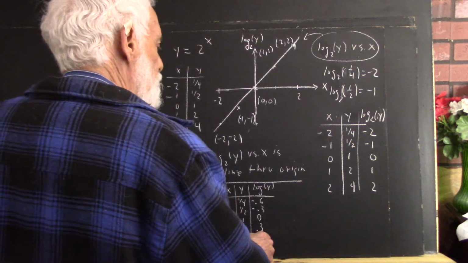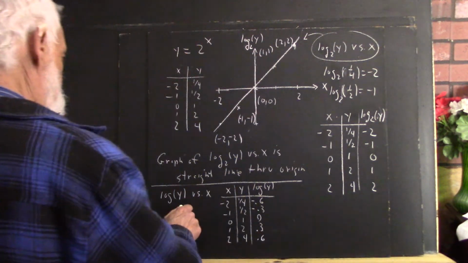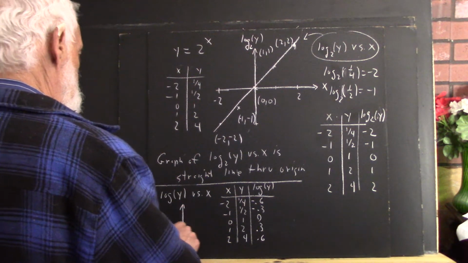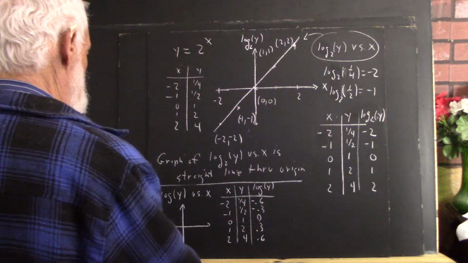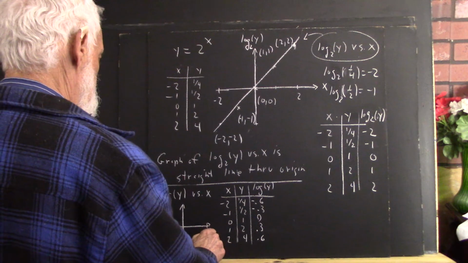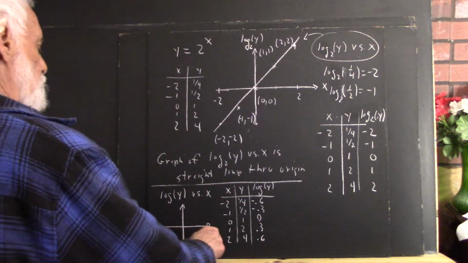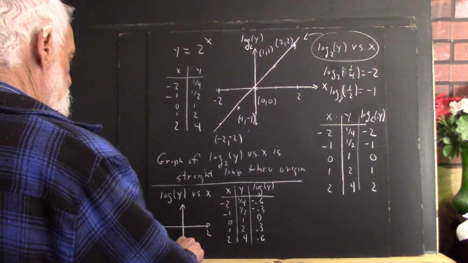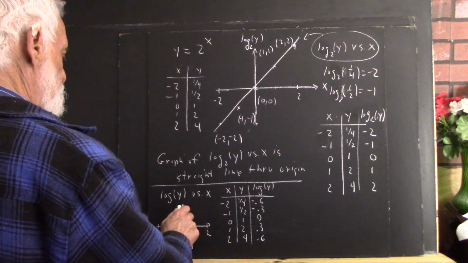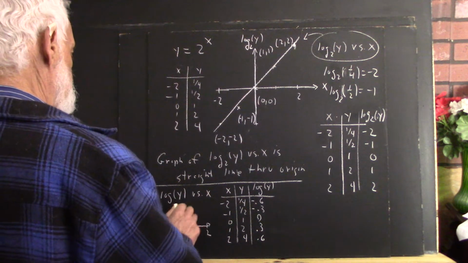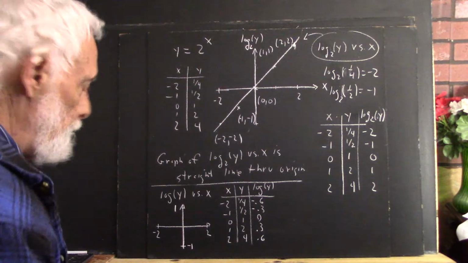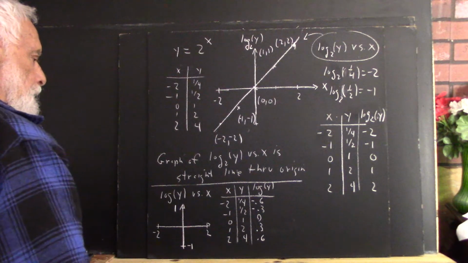If I graph these points, then if this is negative 2 and this is 2, let's say you have negative 1 here, and 1 is up here.